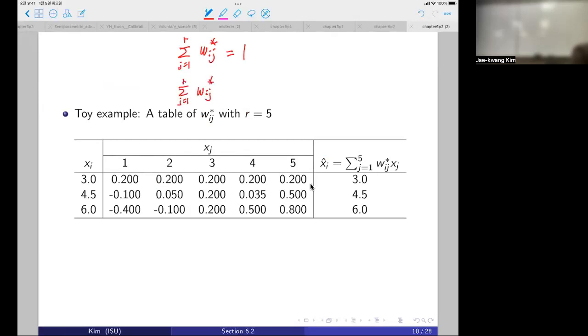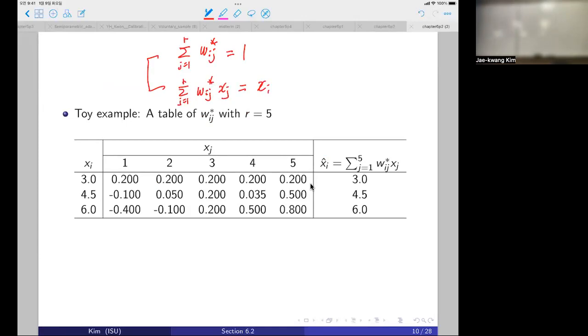the summation of Wij star xj equal to xi. So that is my constraint. And I have this xj, so this summation is 1, 2, 3, 4, 5. See? And then this is my control. Okay.